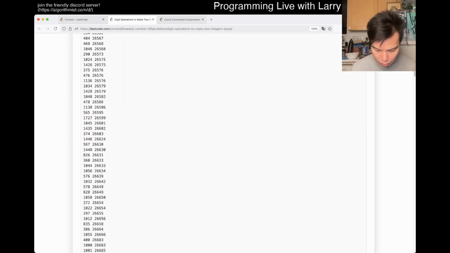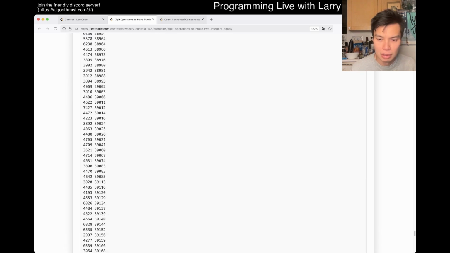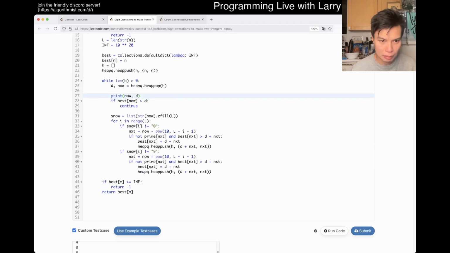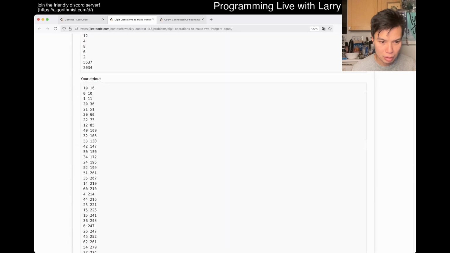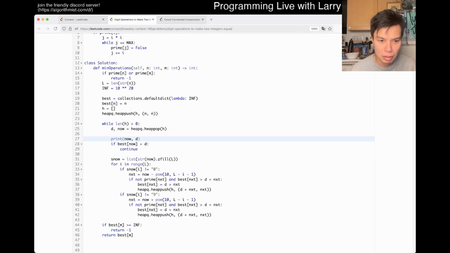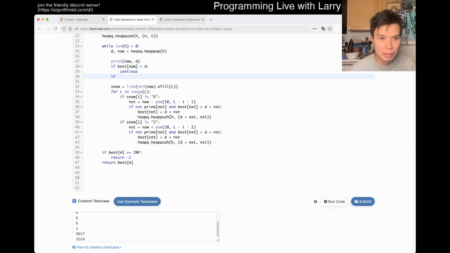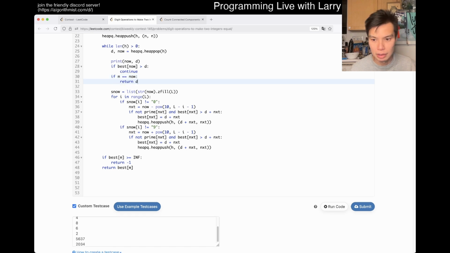2034. Oh well, it doesn't really go down. So it takes too many steps, maybe. No, it. Well. If m is equal to now, then we would just return d.